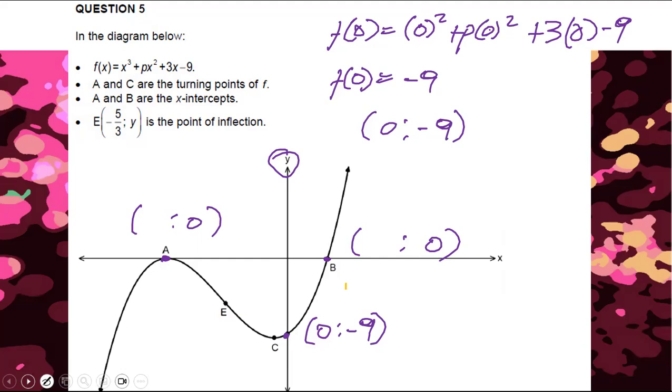Okay, x of a will just be negative, and then x of b will be positive. All right, and then they told us that A and C are the turning points.